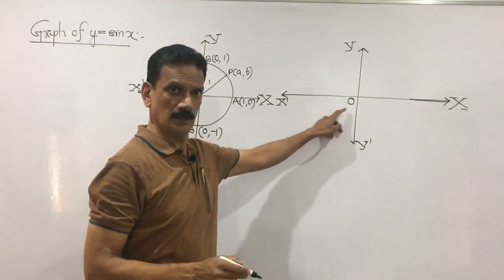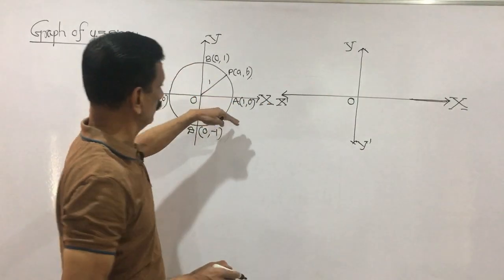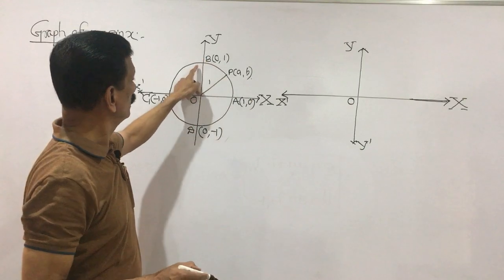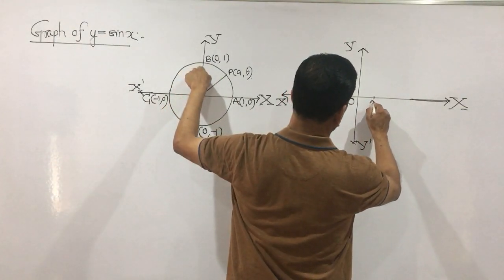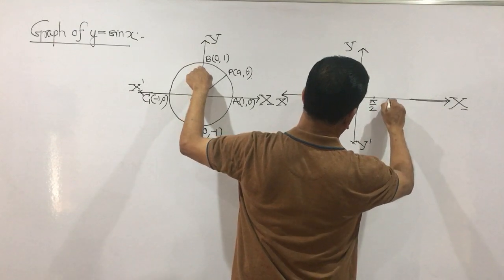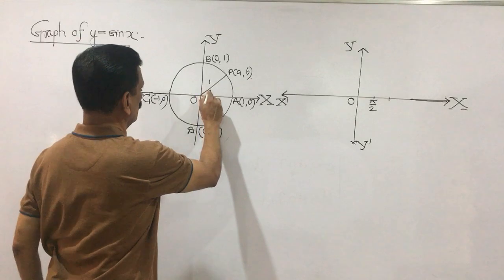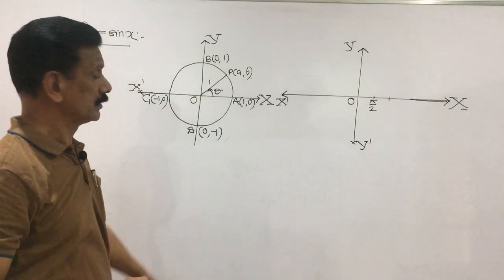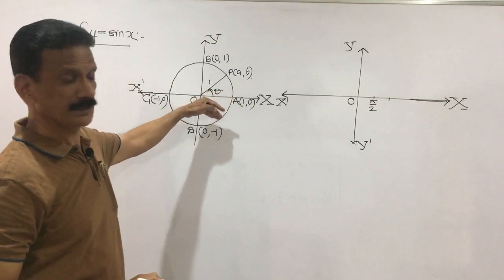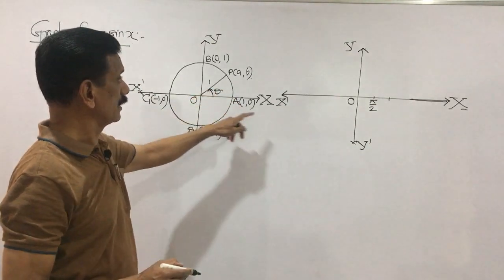Okay, so let us write the coordinate angles. First 0 here. When it is about to rotate and coincides, the angle is 0.